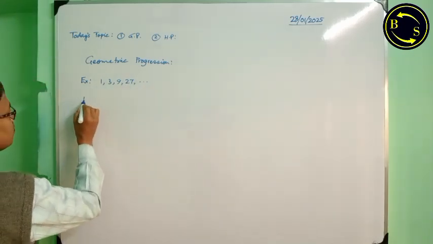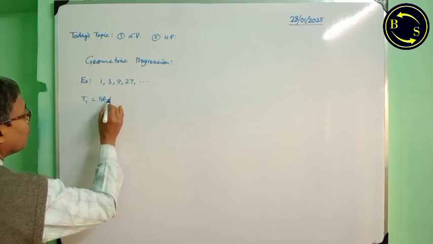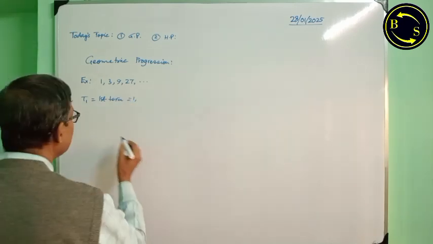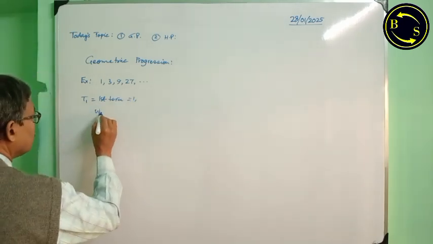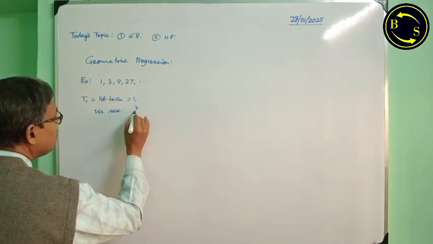Here, first term is 1, and we find three by 1.